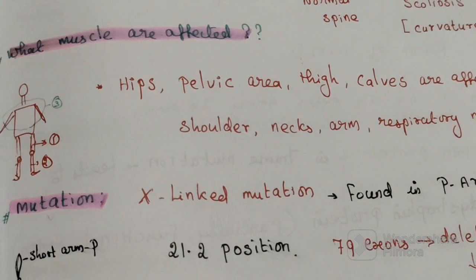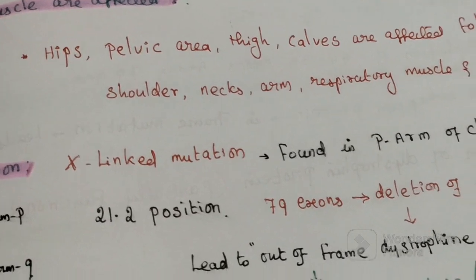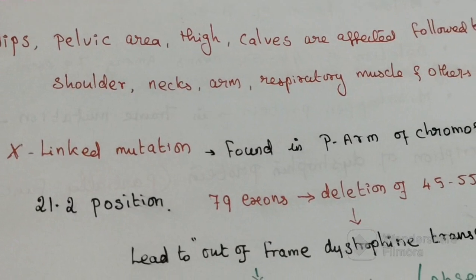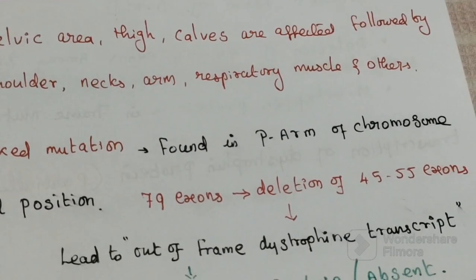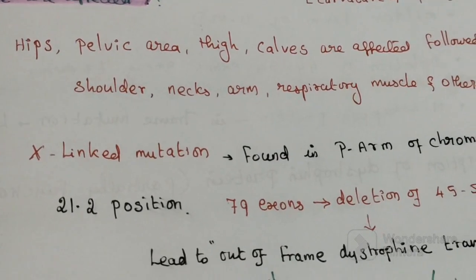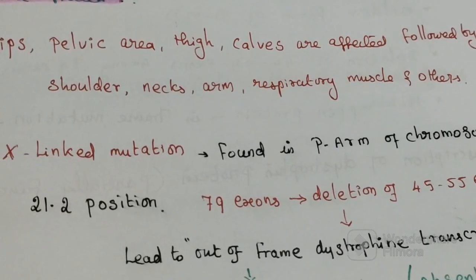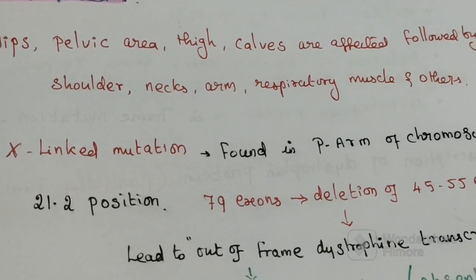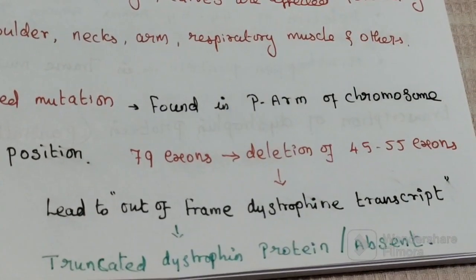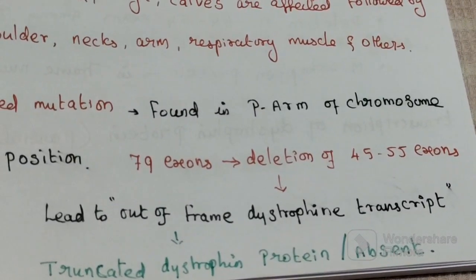Now moving forward to the mutation. We know this is an X-linked mutation, found on the p arm of the chromosome at position 21.2. The thing to remember here is that this dystrophin gene has 79 exons.